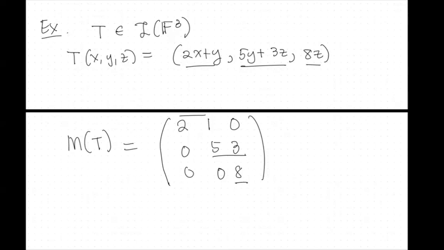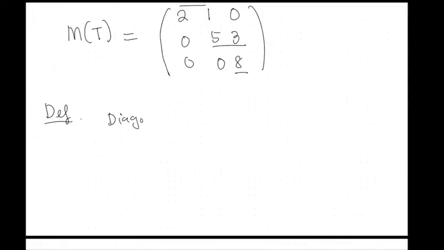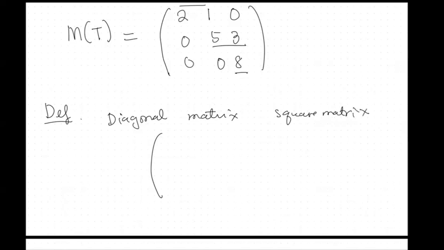Now we will define a diagonal matrix and then state some results regarding what I have mentioned earlier. A diagonal matrix is a square matrix where all the entries are 0 except along the line from the upper left corner to the bottom right.